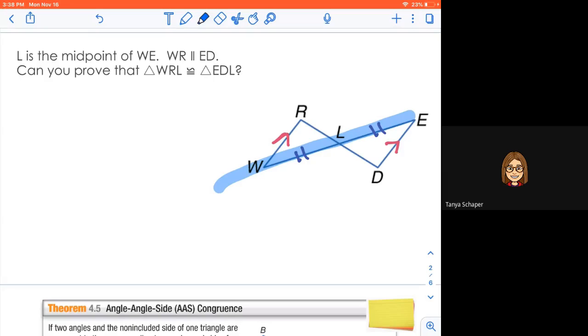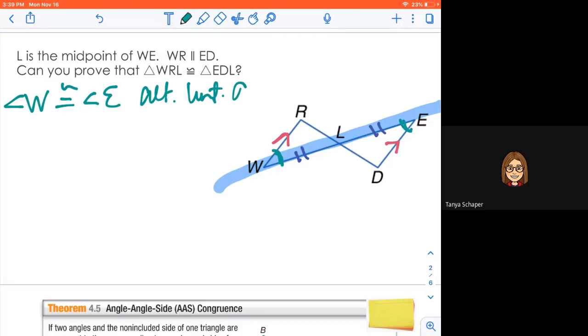And so we can say that angle W and angle E are congruent because of the alternate interior angles theorem. Theorems prove the angle relationships, converses prove lines parallel. So I can say that angle W is congruent to angle E because of the alternate interior angles theorem.